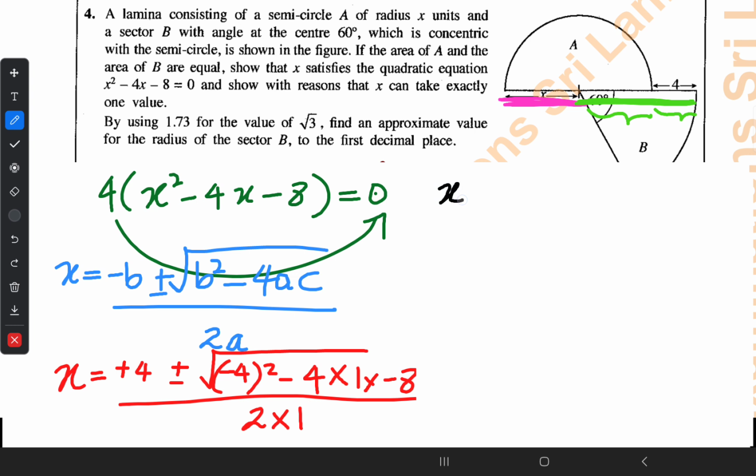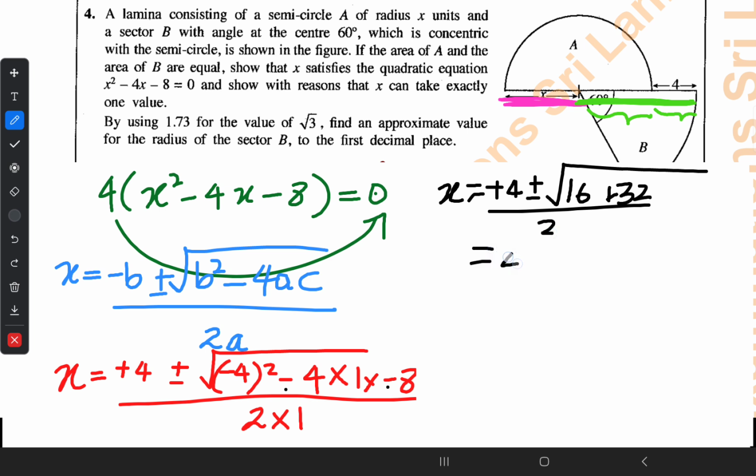Let's simplify this further. 4 plus or minus, inside the square root we have negative 4 squared, that would be 16, minus into minus is plus 32, divided by 2. Then 4 plus or minus the square root of 48. So we can express 48 as 16 multiplied by 3.